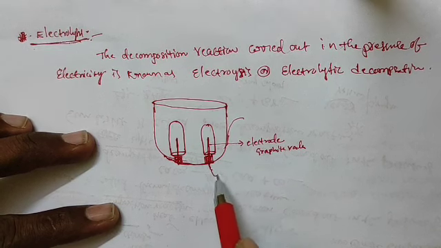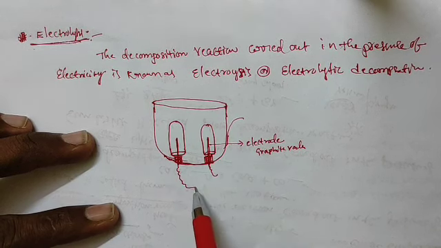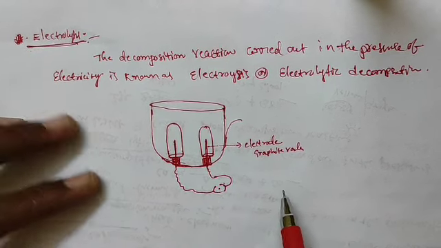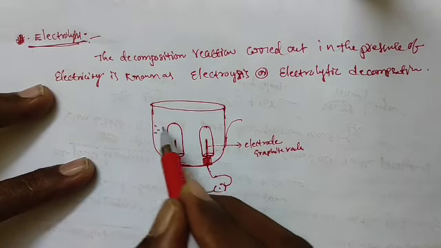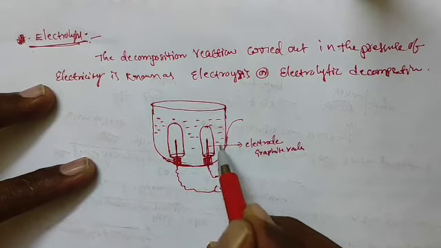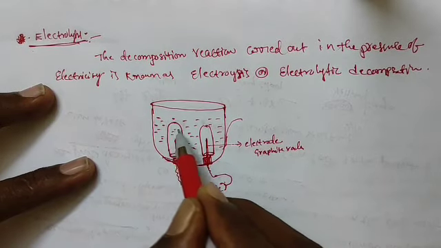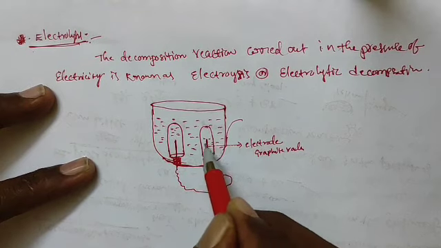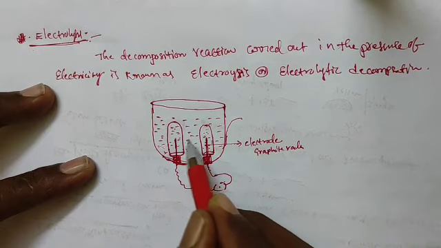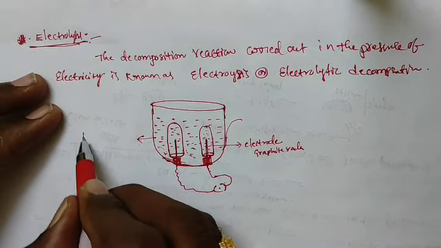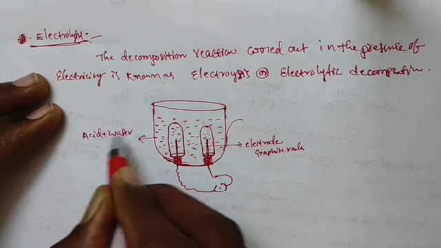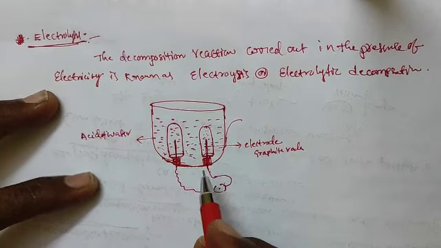So here a switch and wire are there. Inside is water, acidified water. The test tubes also have acidified water, that is, some drops of acid plus water, we call acidified water.